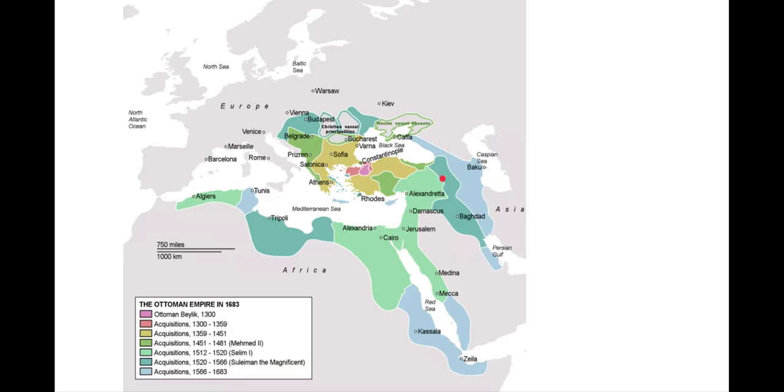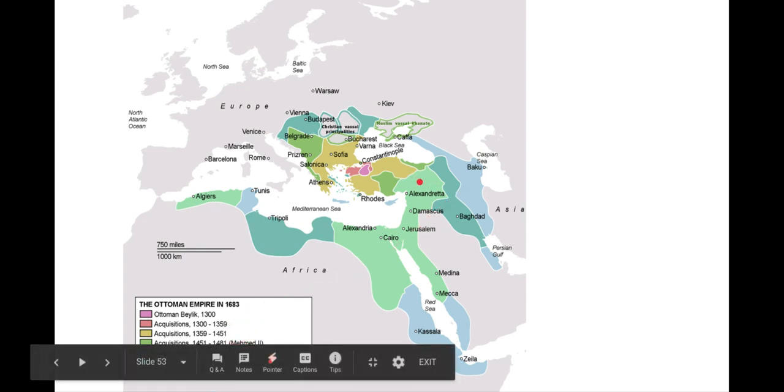Here's a map that shows the expansion of the Ottoman Empire from 1300, where it starts out in this area. Notice how close Constantinople is to all of this development. So between 1300 and 1453, this empire grows up around the city of Constantinople, which is still nominally controlled by Christians of the Byzantine Empire.